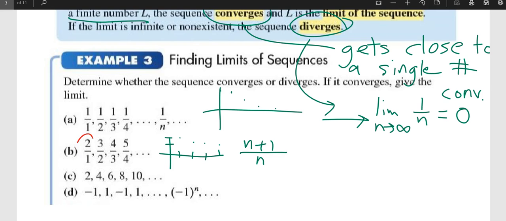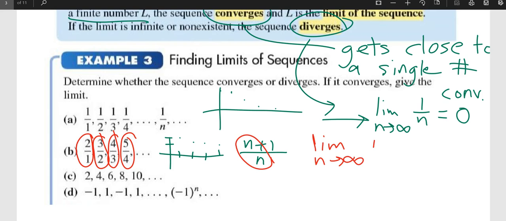Remember, you're plugging in a 1 to get this, a 2 to get that, a 3 to get that, a 4 to get that. So that's how I decided what the numerator and denominator would be. I remember teaching you when we did the rational functions that if you take the largest power of n in the top and the largest power of n in the bottom, you would know what's happening when you take the limit of this fraction. What is it? Yes, it's converging to 1.